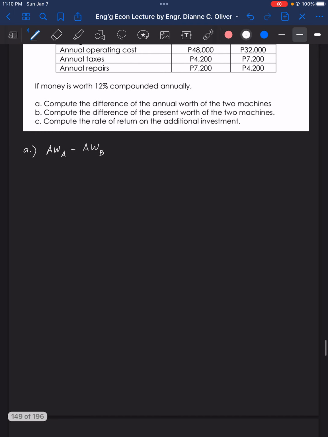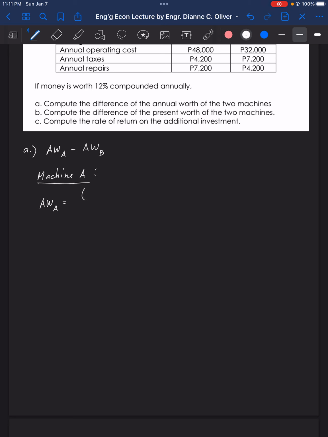So let's solve for the annual worth of machine A. For the depreciation, let's say the shortcut solution, we already know the formula.